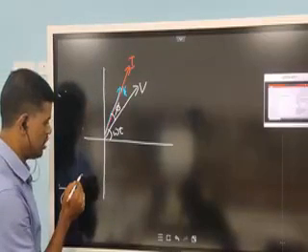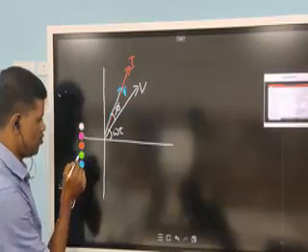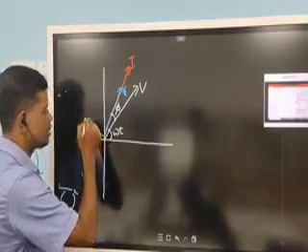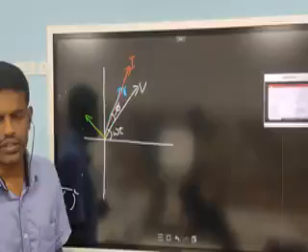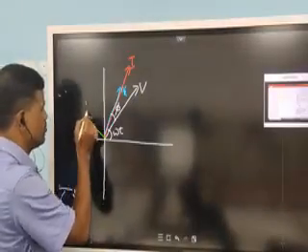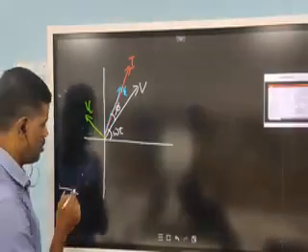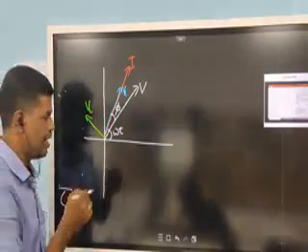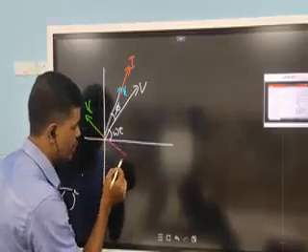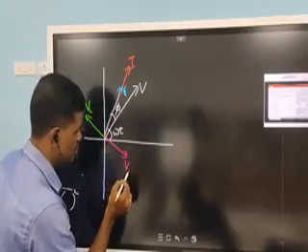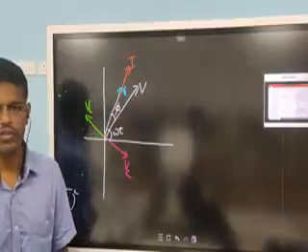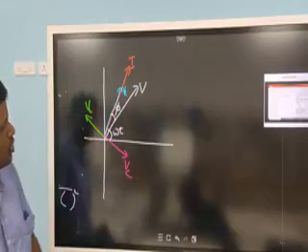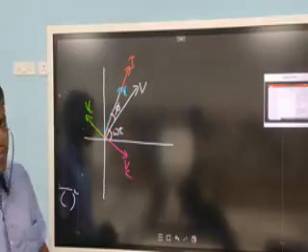Voltage across inductor is leading the current by a phase difference of 90 degrees. This is VL. Voltage across capacitance is lagging behind the current by a phase difference of 90 degrees. This is VC.